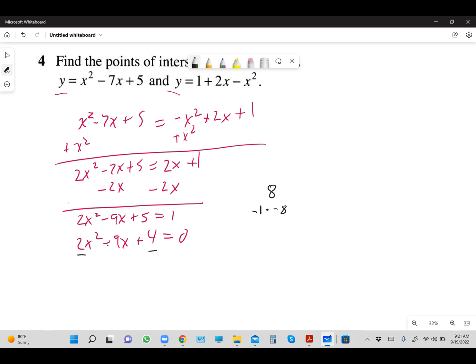Yes, it works because -1 times -8 is +8, but -1 plus -8 is -9. So now watch me. 2x squared minus 8x plus -x plus 4 equal to 0. Do you see that?